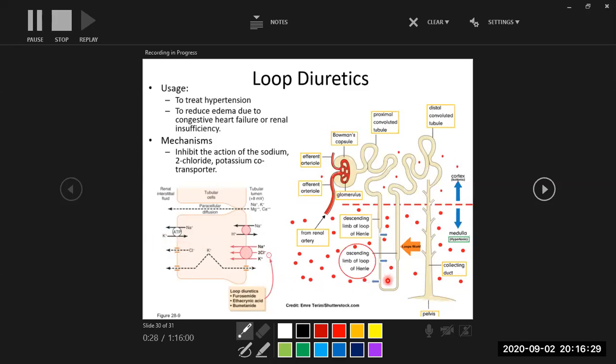If the sodium is not coming into the body, this indicates the concentration in the medulla. This concentration will be dropped. When it's dropped, it reduces the osmotic pressure to draw water back to our body. So the water will remain in the urine and remain in the tubule and get peed out. So that is the loop diuretics.